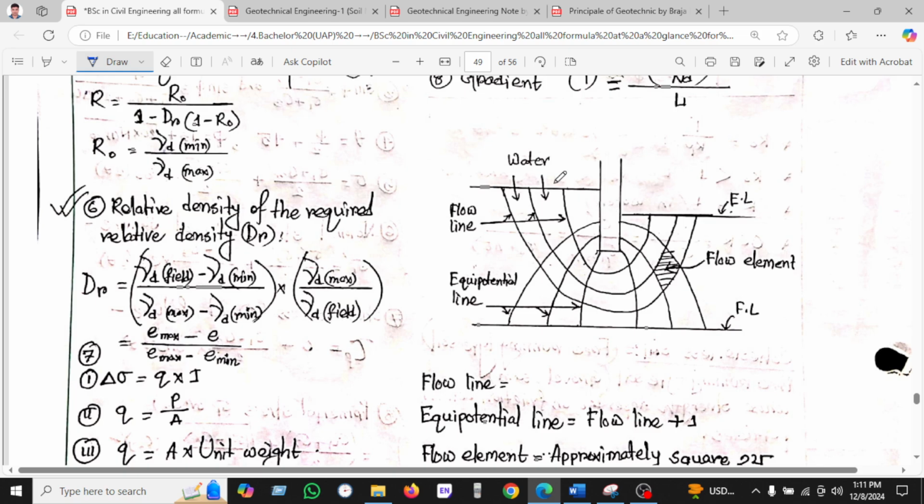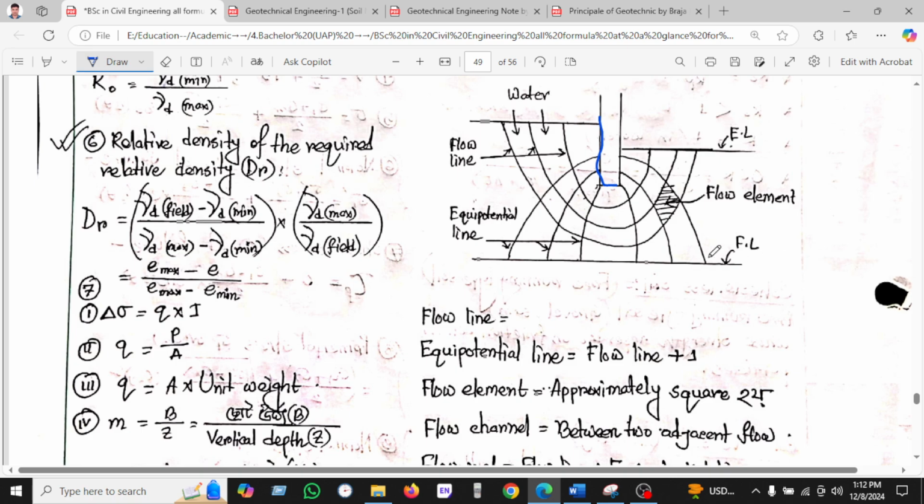This is the figure. We can see water is flowing here, and the line is the flow line. It is the vertical line, and it is also the equipotential line. You can see here the column or pile. When the flow line and equipotential line intersect, the region is called the flow element.